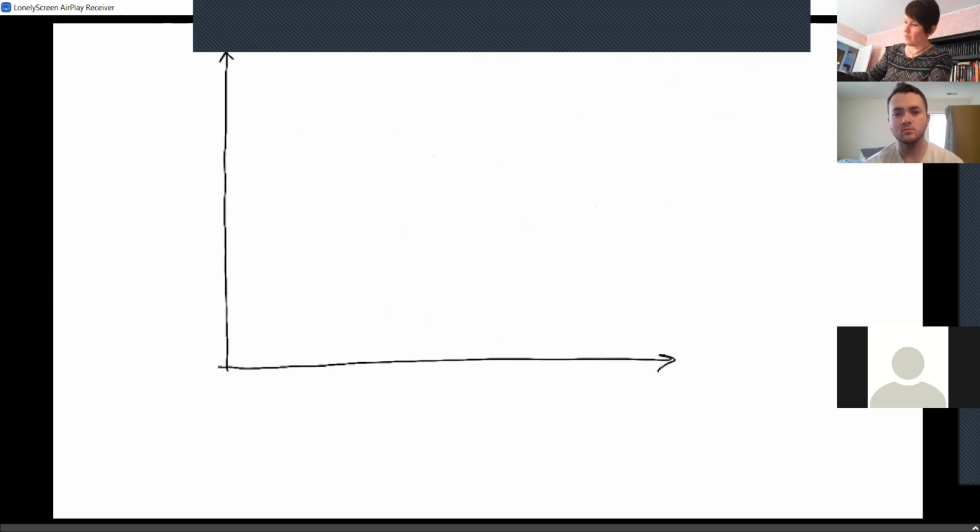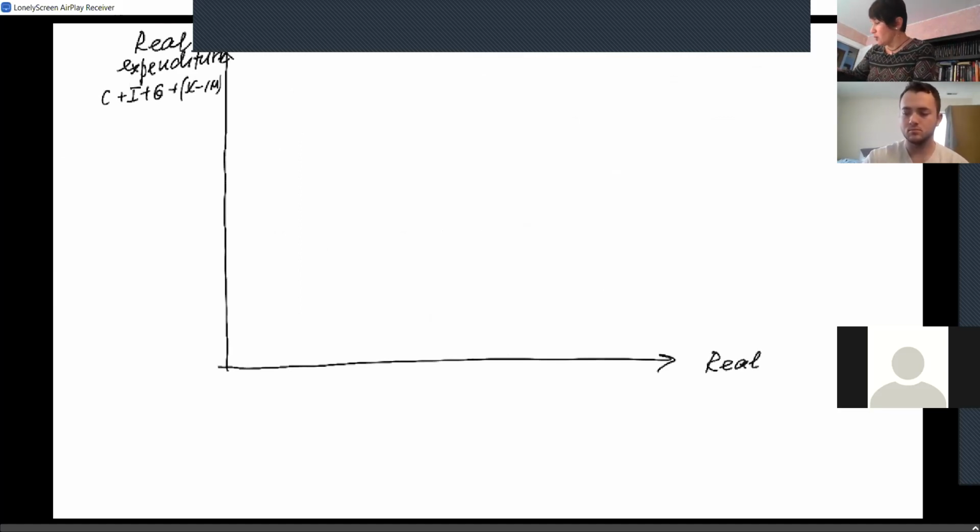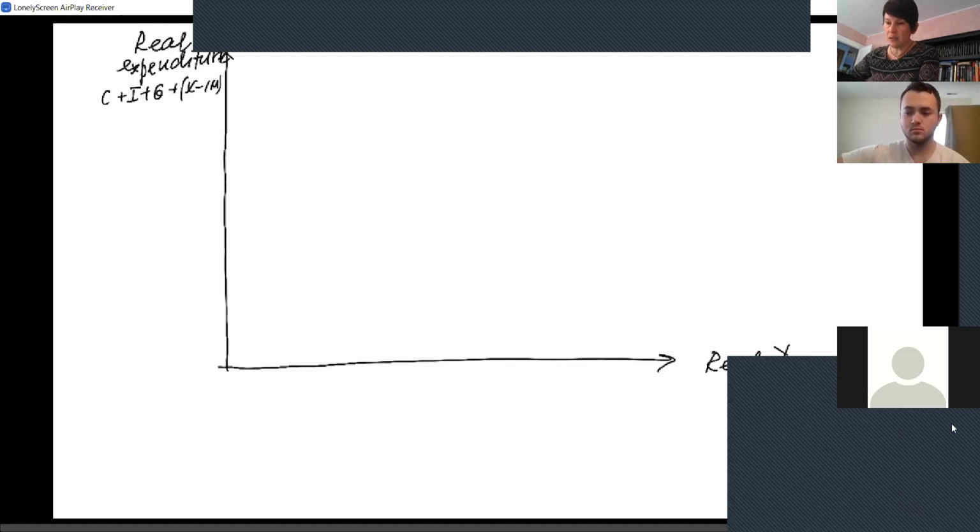Okay, so the vertical axis is real expenditure, real spending, which is C plus I plus G plus net exports. This is what we measure on the vertical axis. The horizontal one is for real output.